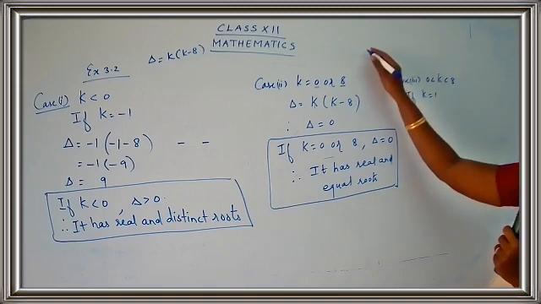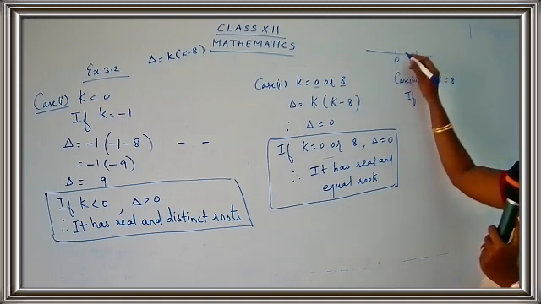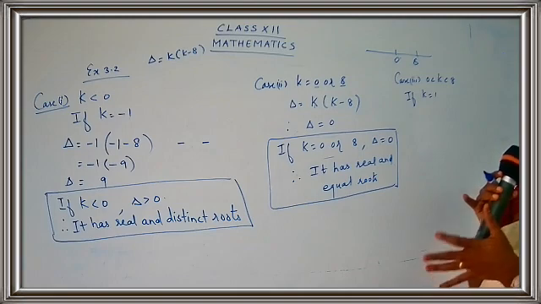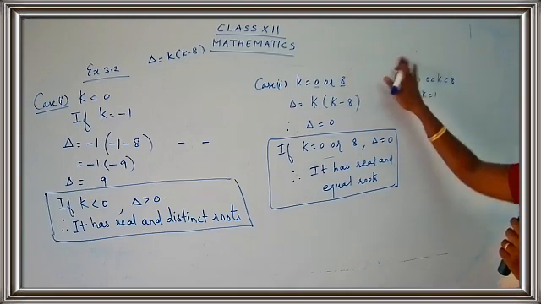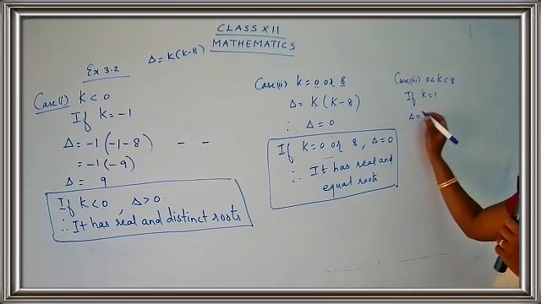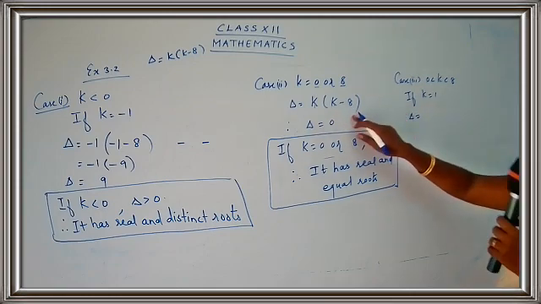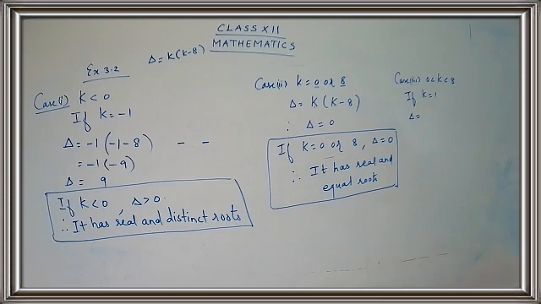Are you getting my points? 0 and 8, yes? So what are the numbers present between 0 and 8: 1, 2, 3, 4, 5, 6, 7? So I'm just going to consider k as 1. So let me find the value for delta. It's k into k minus 8, yes? So what is the value for k we have taken here? It's 1.